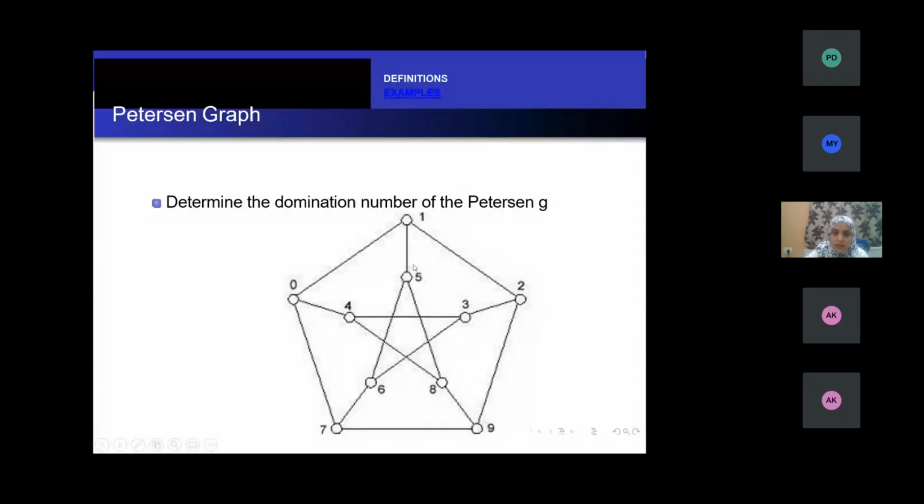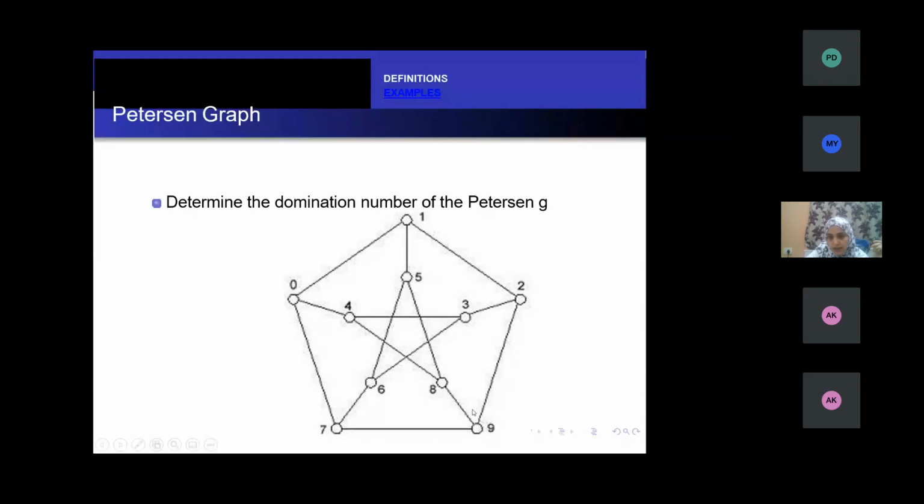If we consider 5 in the dominating set, 5 connects to 6, it dominates 6. 8 is also connected to 5, 1 is also connected to 5, so we can consider 5. So we have covered what? 1, 6 and 8.